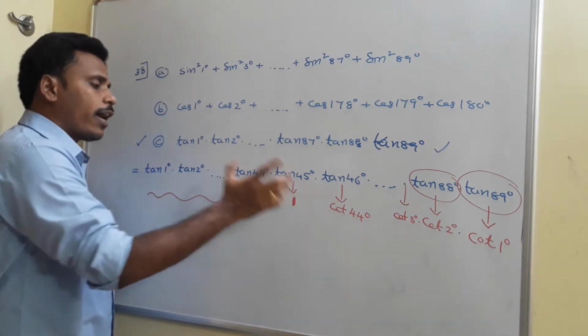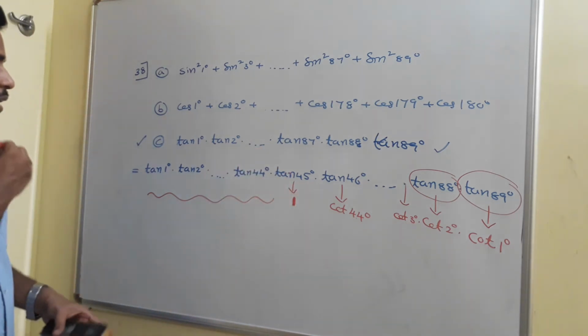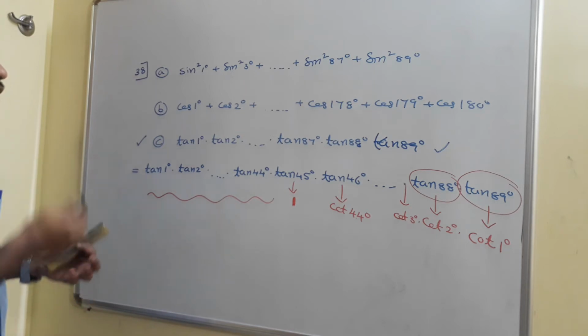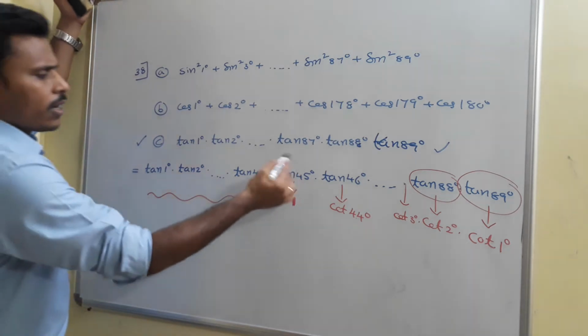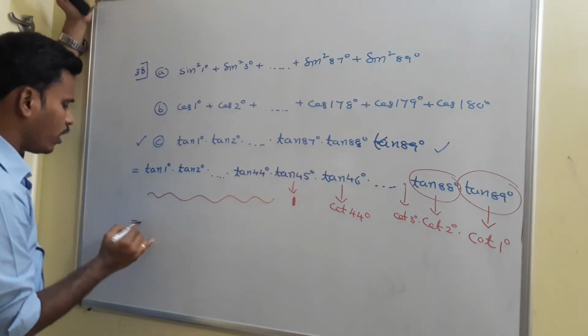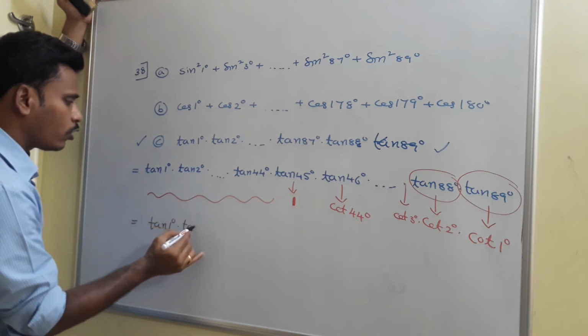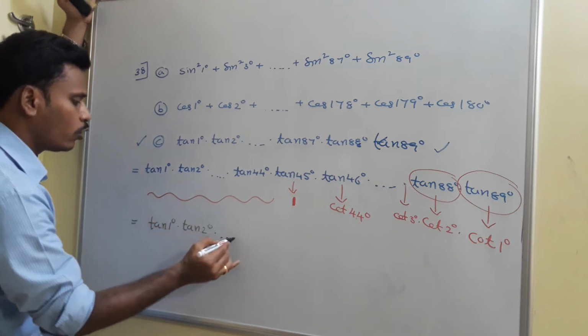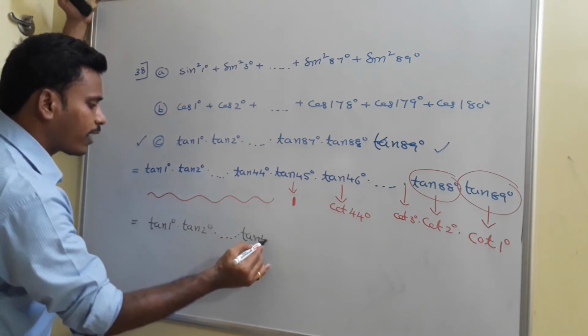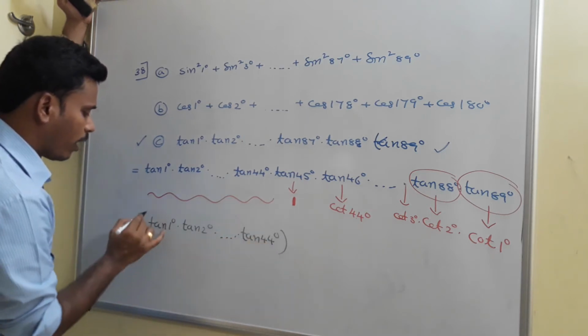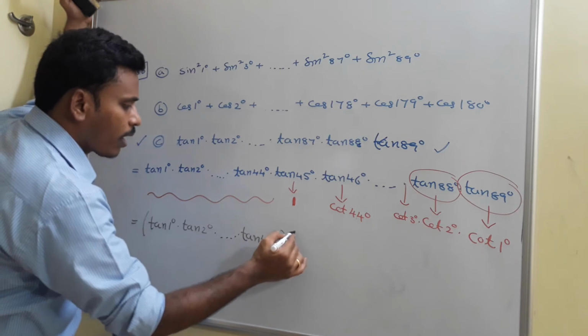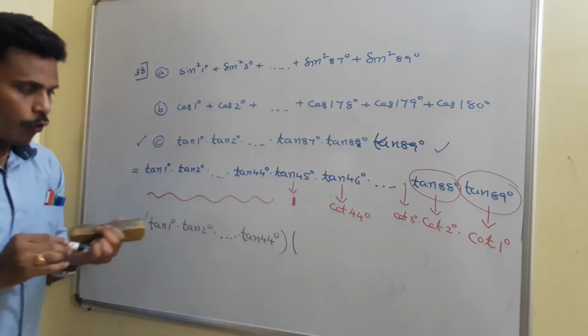At the middle we have tan 45, whose answer is 1. And now, since it is 1, in the multiplication, no need to include that 1. Now at the end what we have? Tan 1 degrees into tan 2 degrees into and so on into tan 44 degrees in one group. This is 1. And next what we have? Tan 46.